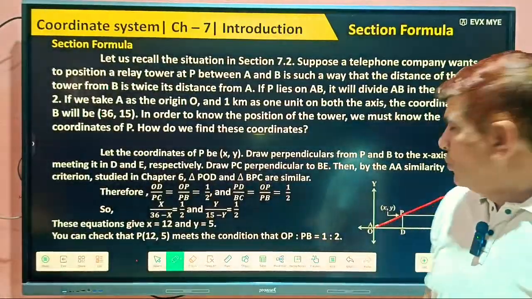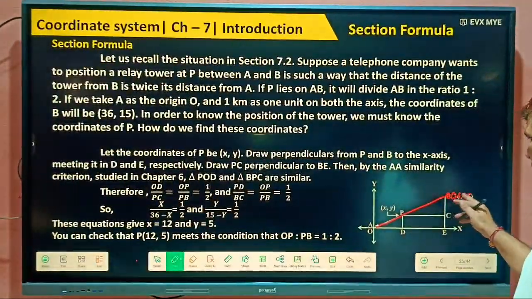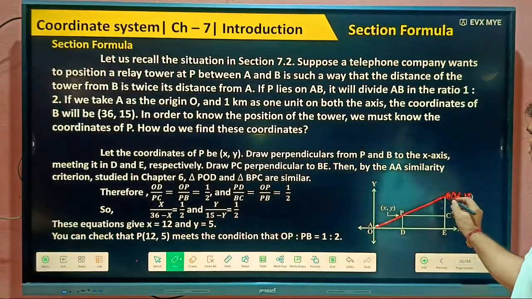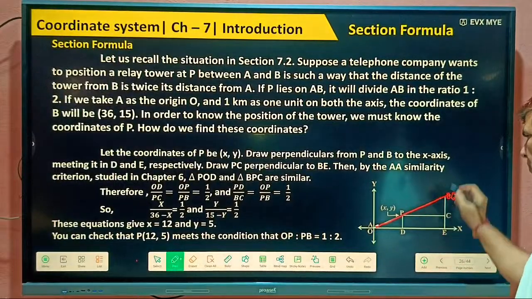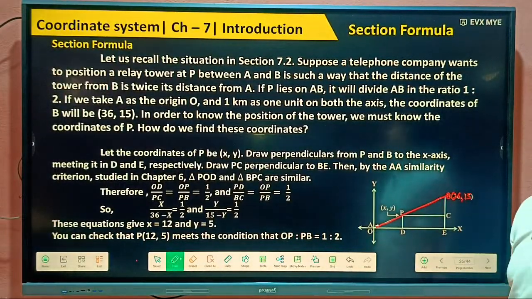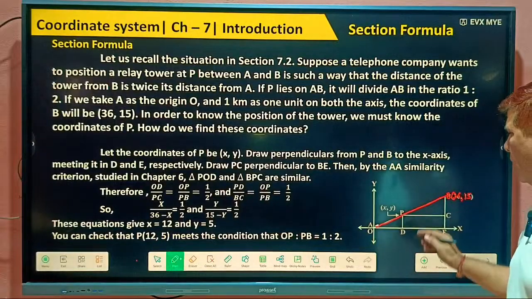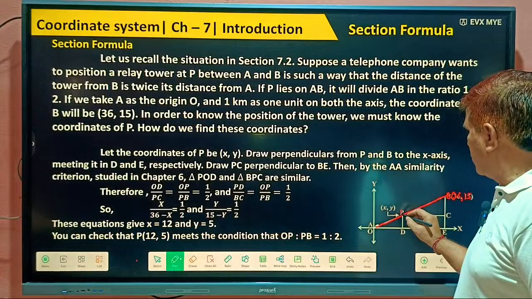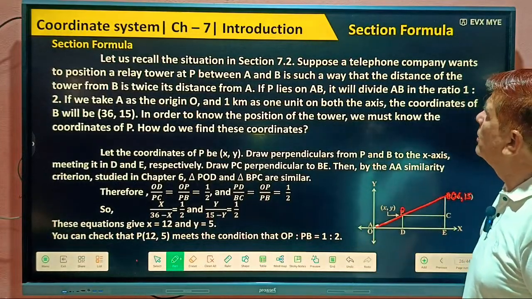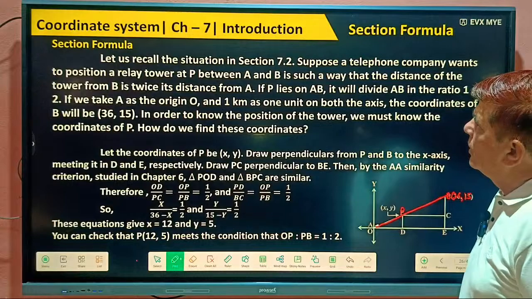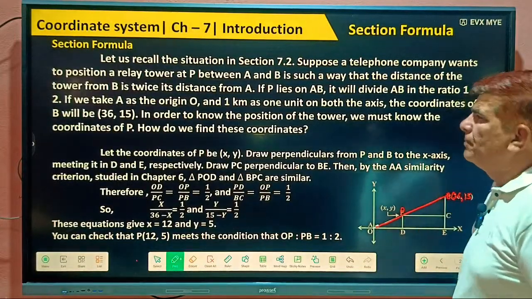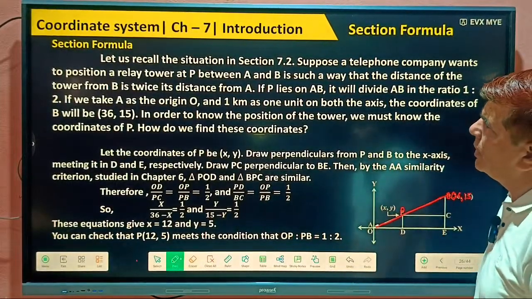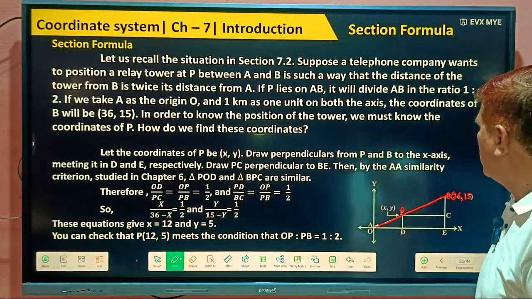I already told you, but again: 36 means its distance from the y-axis is 36, and 15 means its distance from the x-axis is 15 units. Understood? And what does the company want? The company wants a relay tower at point P between A and B such that the distance of the tower from B is twice its distance from A.